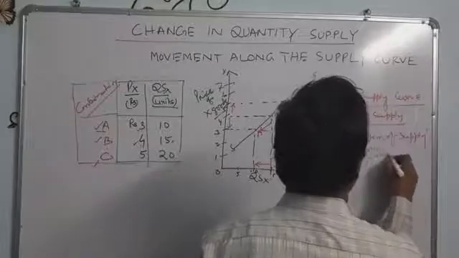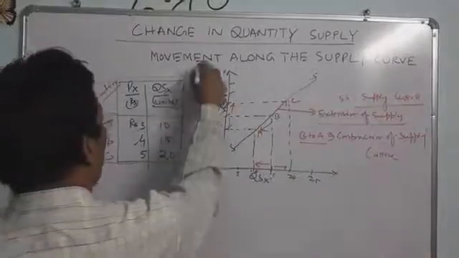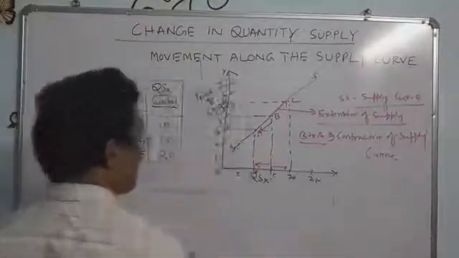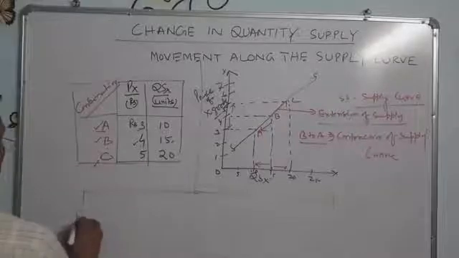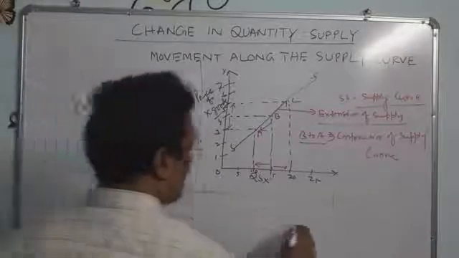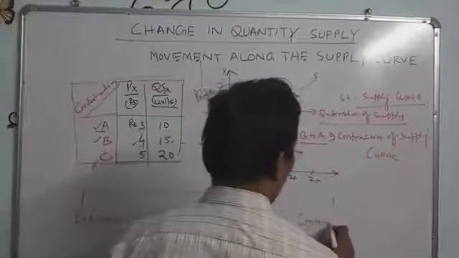So this movement along the supply curve is divided into two parts. One is the expansion or extension of supply, another is the contraction of supply.